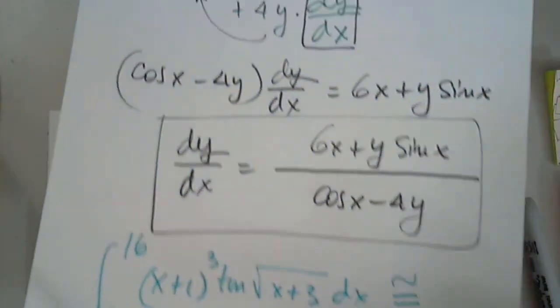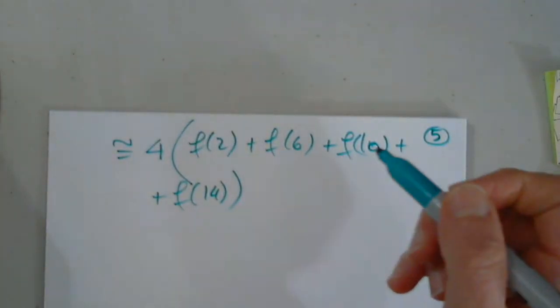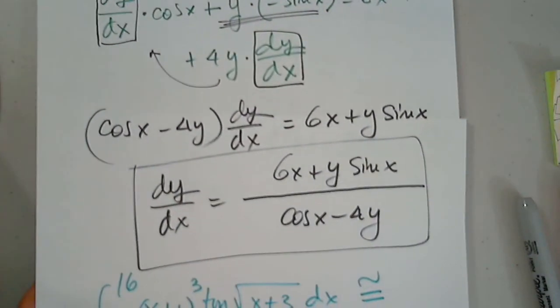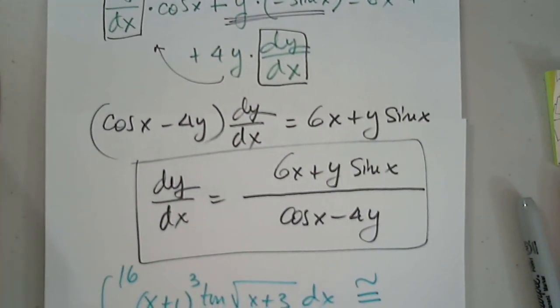So in this function, I have to plug in 2, 6, 10, and 14. So I will plug in the function in the graphing calculator. I will share my screen. So where is my, here it is.